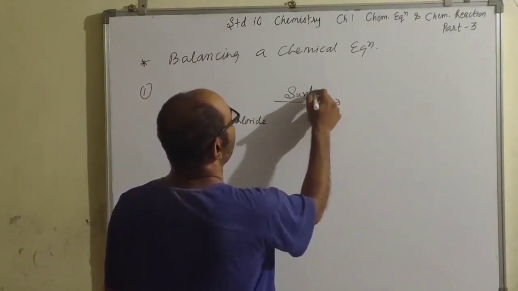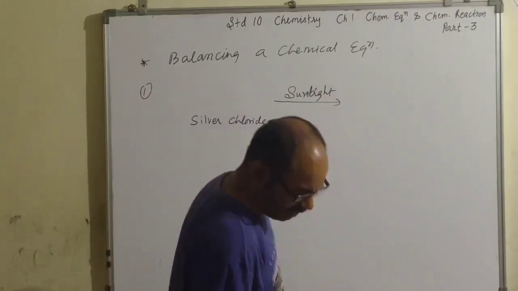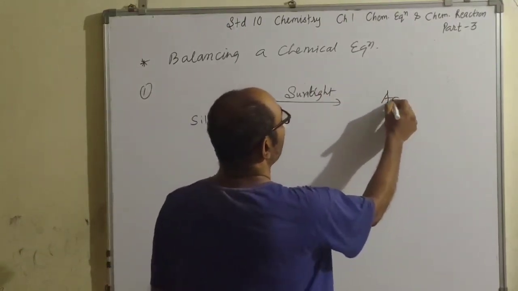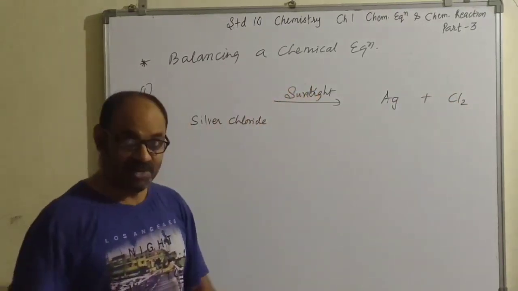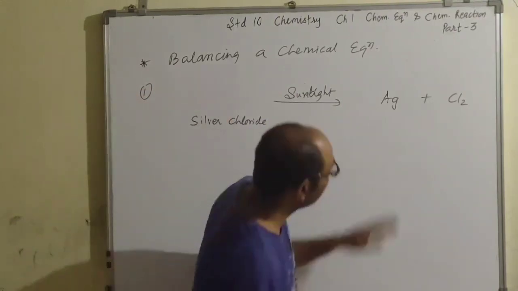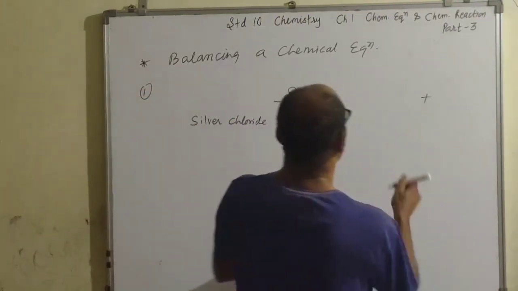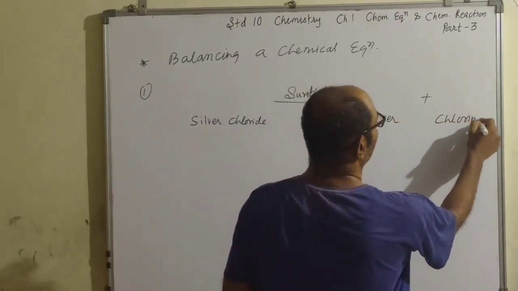Sunlight is required. It will give you silver and chlorine. Please try to understand. Silver chloride gives silver and chlorine.